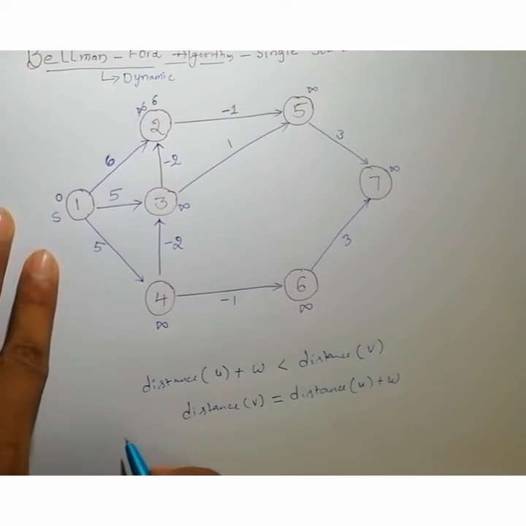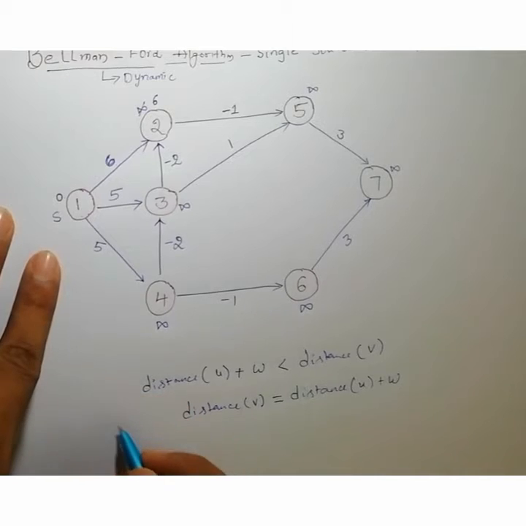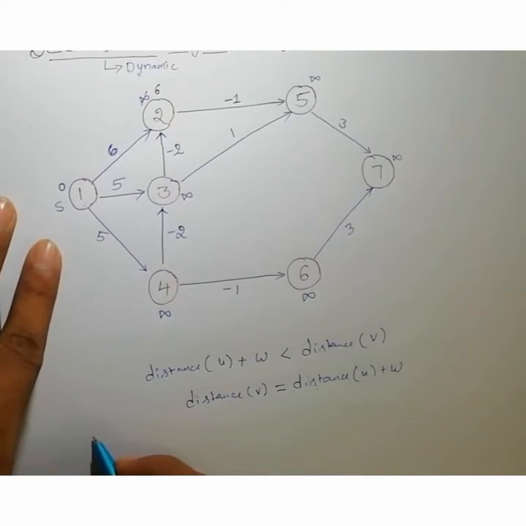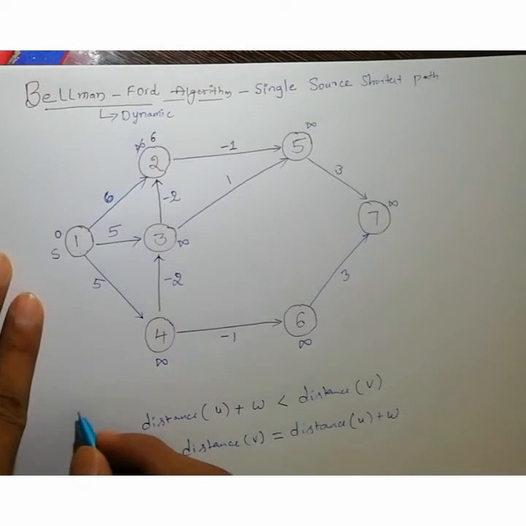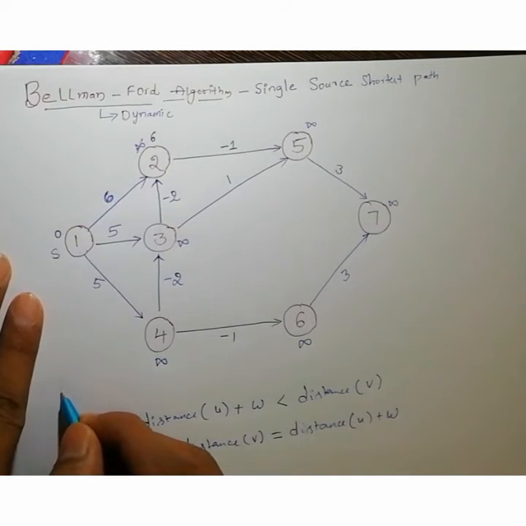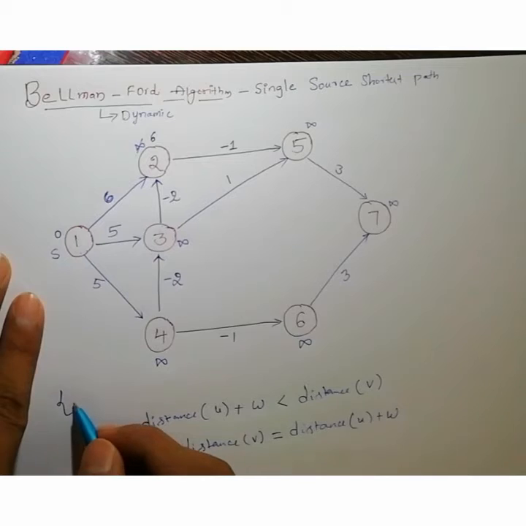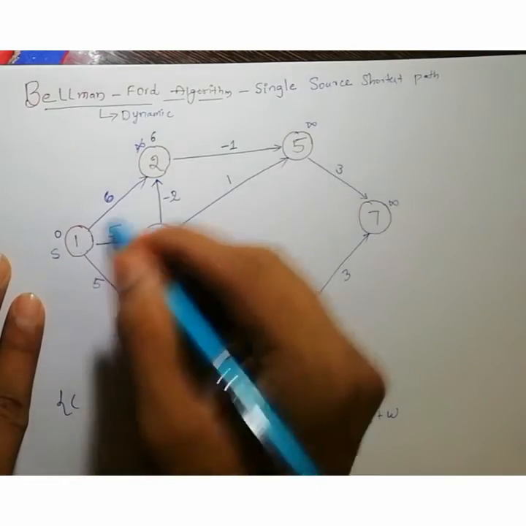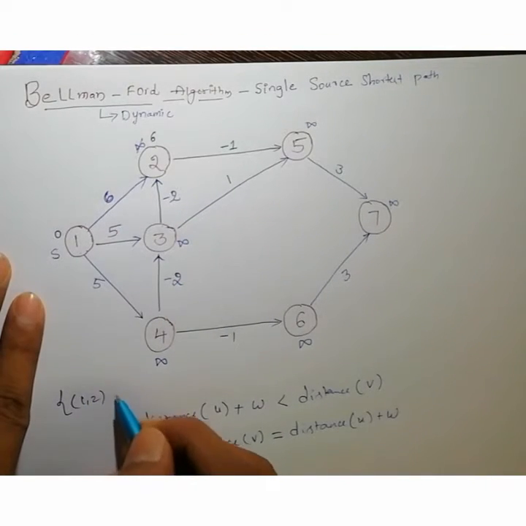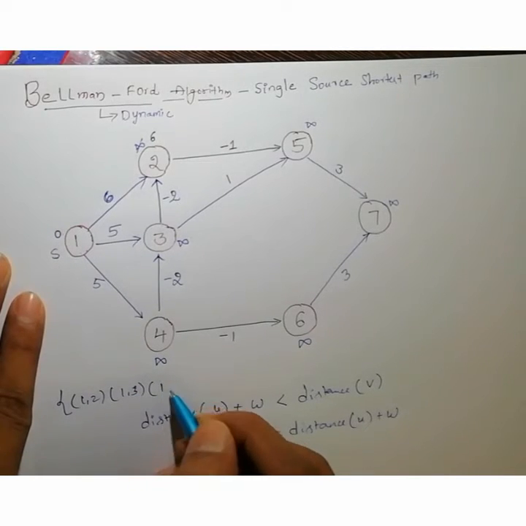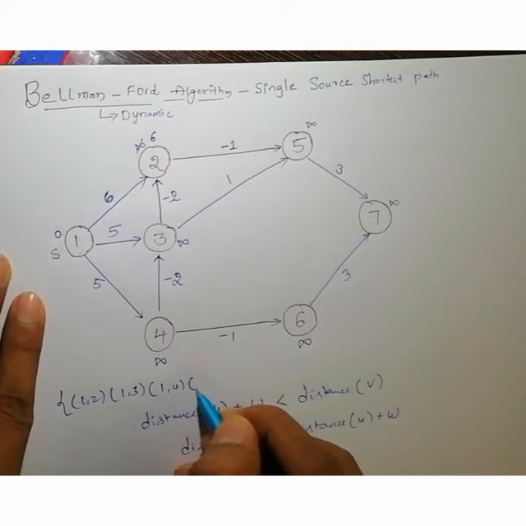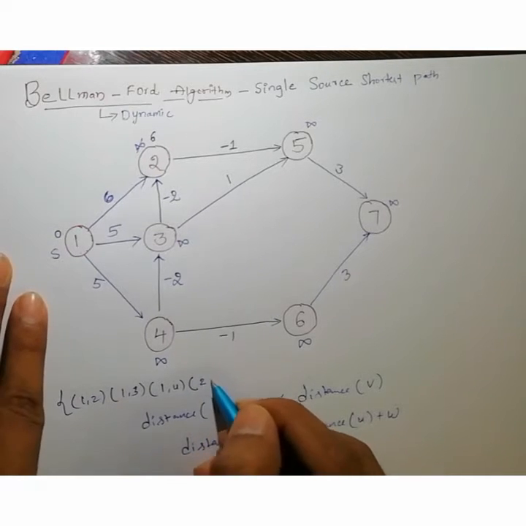Can you tell me what the edges of this are? Where I will write here the number of edges. Fine. So what are the edges? 1 to 2. Next edge 1 to 3. Next edge 1 to 4. Next 2 to 5.